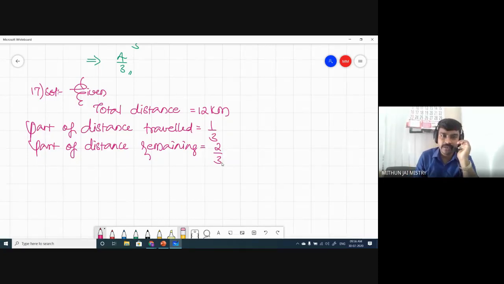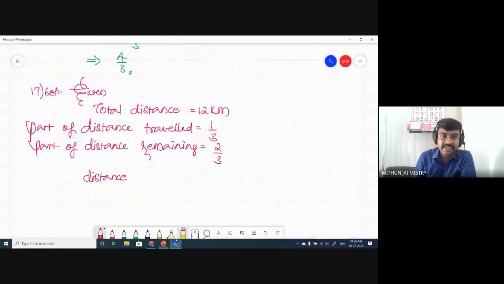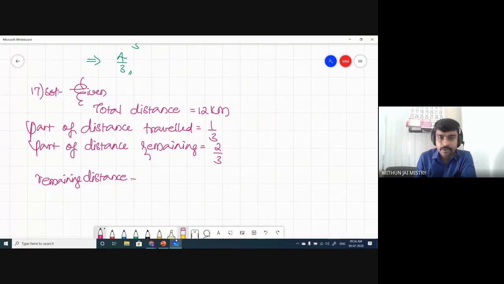So now I will write remaining distance. Remaining distance is equal to how many parts? 2/3 parts of what? Of total 12 kilometers.